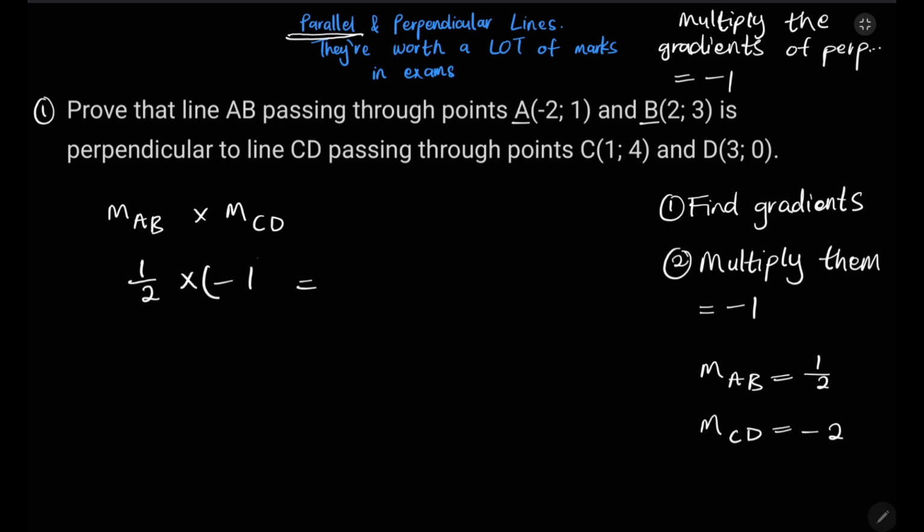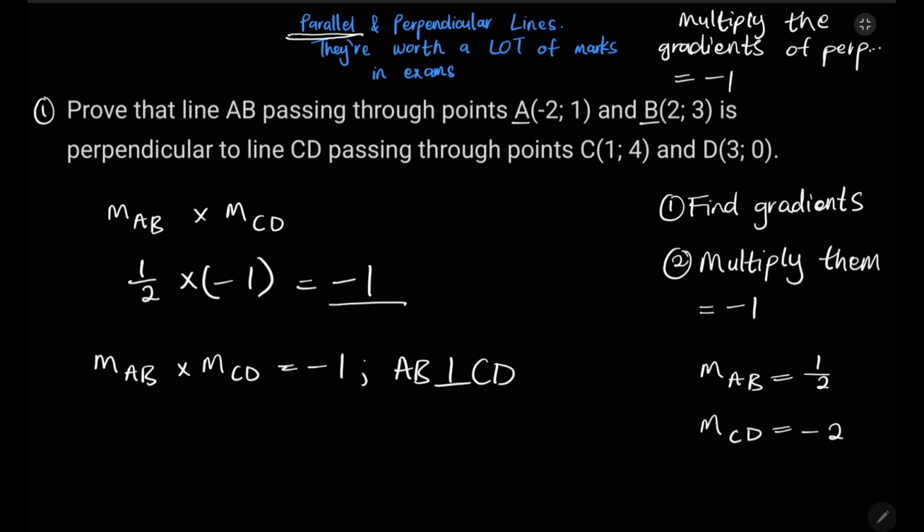We can put this in a bracket. 1 over 2 times negative 2 is negative 1. Therefore, we can say mAB times mCD is equal to negative 1. Therefore, AB is perpendicular to CD. You've proven this. Remember, you always have to get negative 1 in order to prove that these lines are perpendicular. If you didn't get negative 1, that means they are not perpendicular.